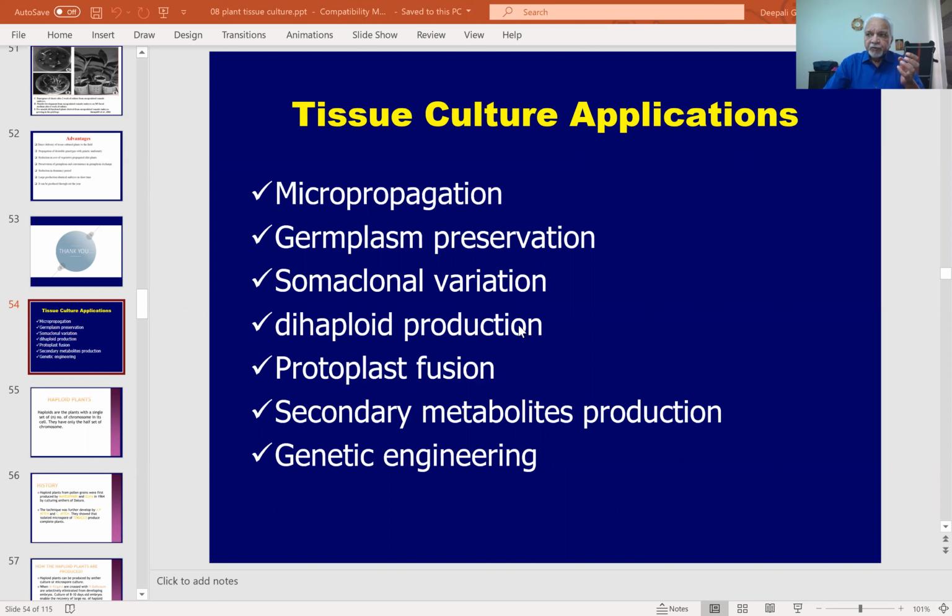I am referring to the production of dihaploids, or first the haploid and then the production of dihaploids. So let us look at what a haploid plant is.